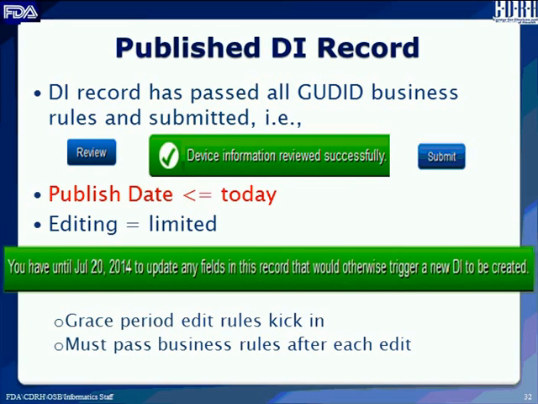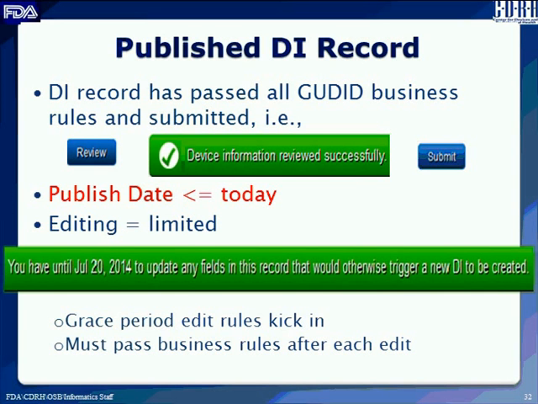So when you submit it, it will give you the date, and it will tell you, here is your grace period, after which you will not be able to edit the new DI trigger attributes. So the grace period edit rules kick in, and anytime you edit a record that may have passed business rules, you must pass the business rules all over again. You must hit review, make sure you get this green bar before you can move on with that edit. We'll talk more about the edits in just a moment.